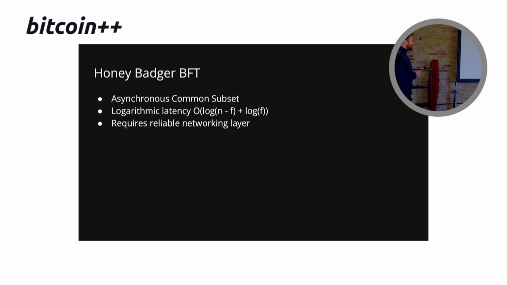Intuitively, this comes from the fact that if one of the guardians is not submitting any batch because it is offline, then every time you need to separately vote on this batch not being included, and this just takes longer. Furthermore, this algorithm required a reliable networking layer, which means that all messages between guardians are delivered in order. So you need to retry and acknowledge messages between peers.